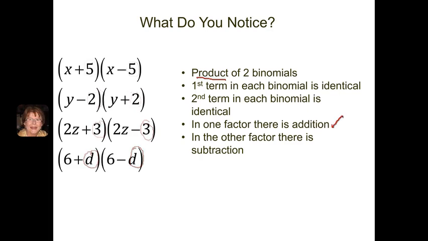In the other factor, we have subtraction. Notice here, plus, minus, plus, minus, plus, minus. That's a phenomenon that is important to understand for the difference of two perfect squares. Go to the next slide, and you'll have another task.